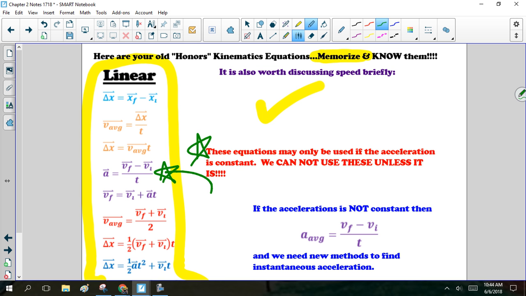If the acceleration is not constant, then that same equation gives us average velocity. And I, again, forgot my vector hats. Same thing here. These two purple equations are the same thing. If your acceleration is constant, these work. If the acceleration is not constant, then you have to replace a with a average.